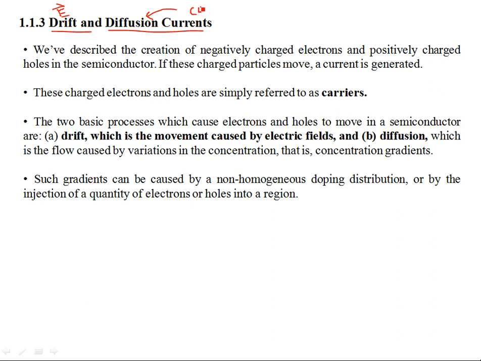If in a region you have highly concentrated impurity atoms which are contributing more electrons, for example a group 5 phosphorus doping, and the concentration is higher in a certain region, then from the high region to the low region you will have a transfer of charge. Owing to this transfer of charge, you will have a small diffusion current in a semiconductor. So these are two processes by which the currents are generated.